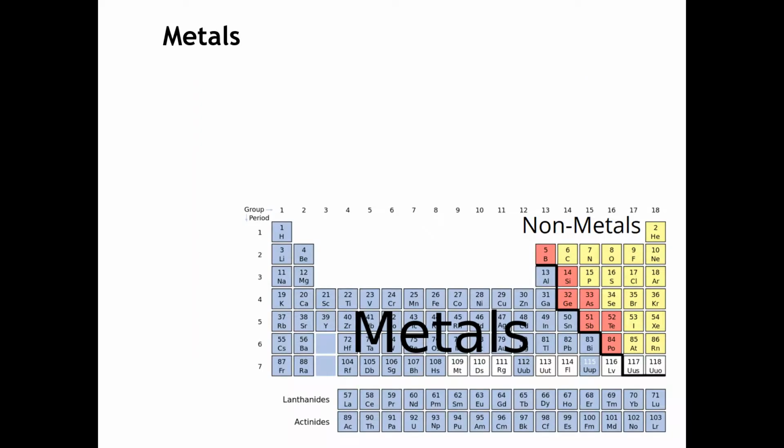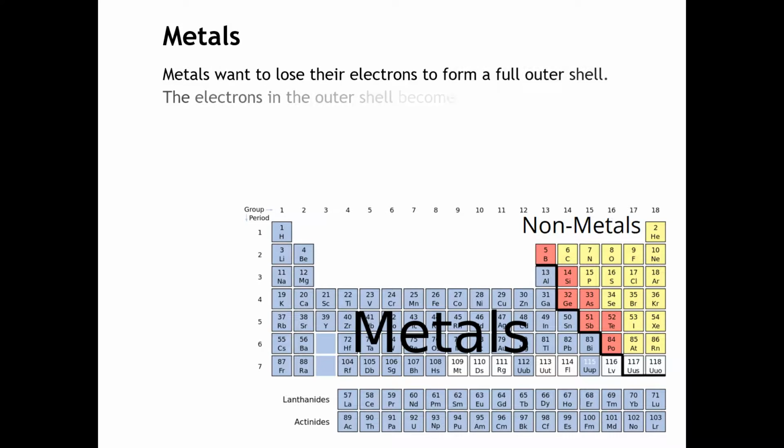Here is our periodic table. On the left-hand side, all those grey-blue elements are metals, and the ones over to the right are non-metals, the pink and the yellow colours there. And we should know by now that metals, their atoms, want to lose their electrons to form a full outer shell.